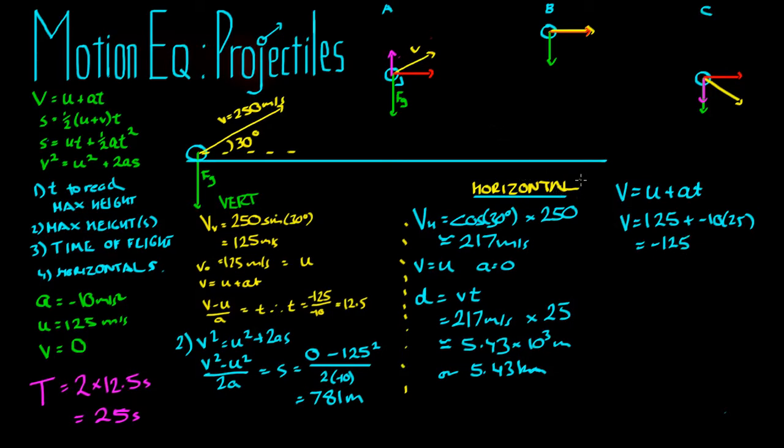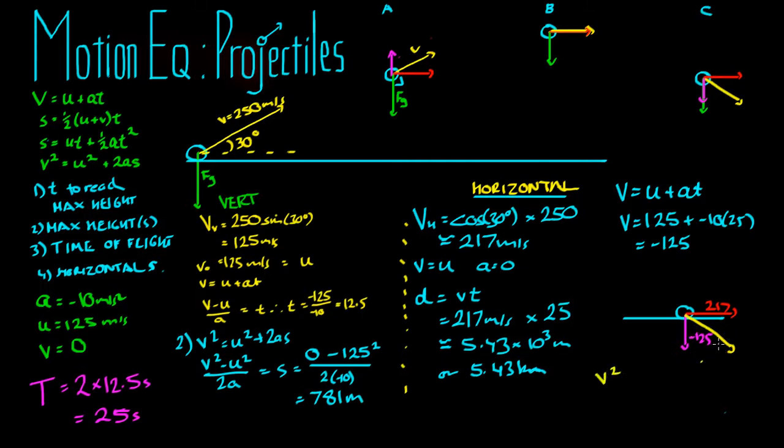The final horizontal velocity, since the horizontal velocity does not change, is equal to 217. So we have this vector here. We have the ball landing. It's got a vertical component of negative 125. It's got a horizontal component of 217. And we want to know what is the resultant velocity given by that yellow arrow. Well, we can use Pythagoras.